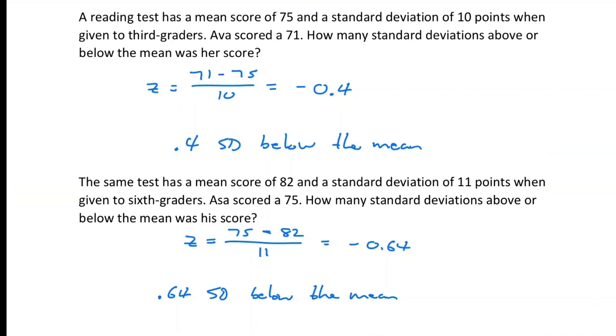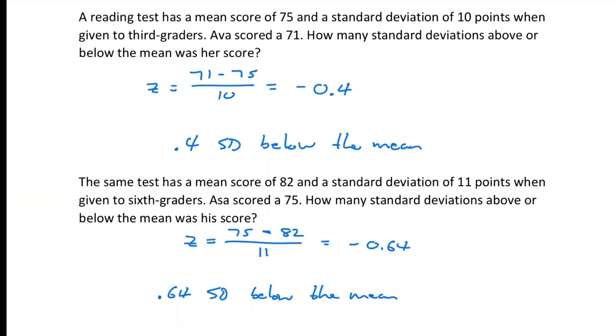So by score alone, Asa did better. However, the z-score tells us where they're positioned in relationship to their peers. So Ava, though she had the lower score, actually did relatively better against her third grade peers than Asa did against his sixth grade peers.